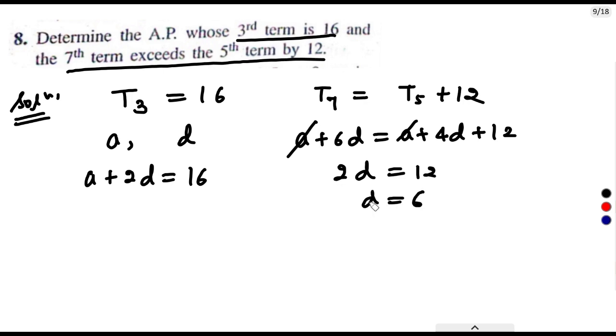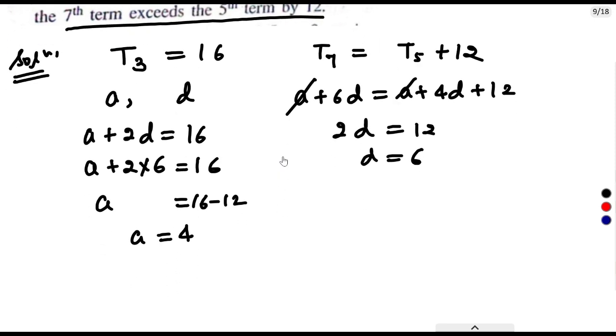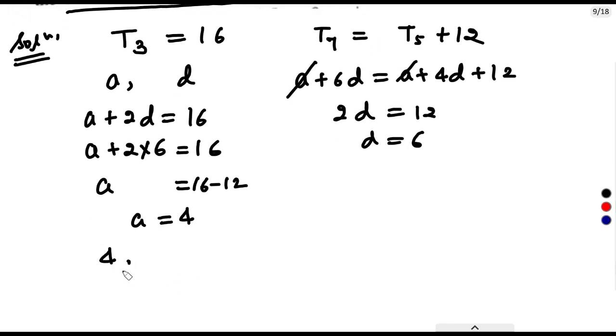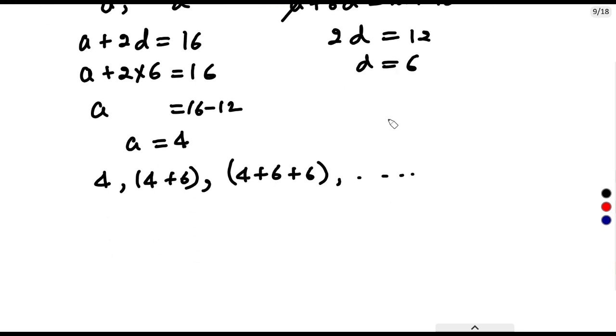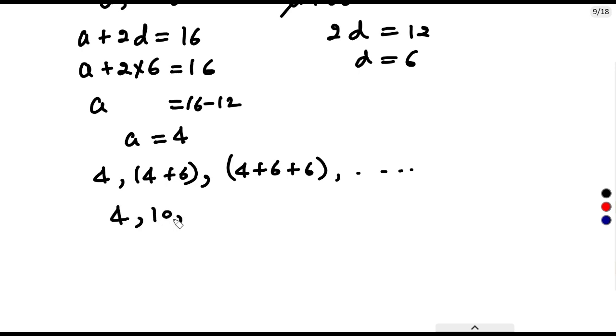D is equal to 6. Put the value of D in this equation. A is equal to 4. Now, AP will be first term 4, then second term A plus D, 4 plus 6, next term A plus 2D and so on, means 4, 10, 16 and so on.